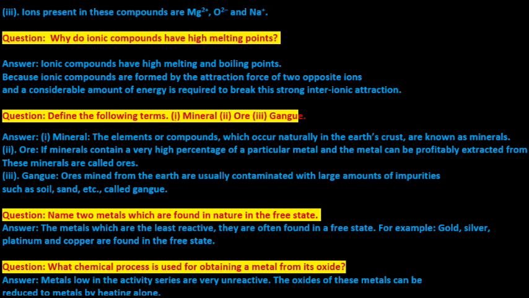attractions. Next question. Define the following terms: first, mineral; second, ore; third, gangue. Answer: Mineral. The elements or compounds which occur naturally in the earth's crust are known as minerals.